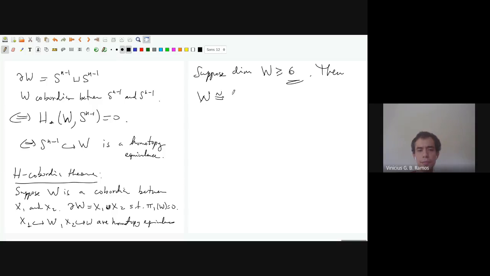It's a trivial cobordism, so it's some Y times [0,1]. So this is going to imply that x1 is homeomorphic to x2.